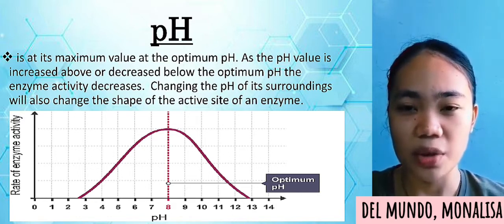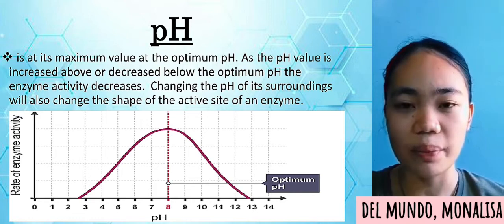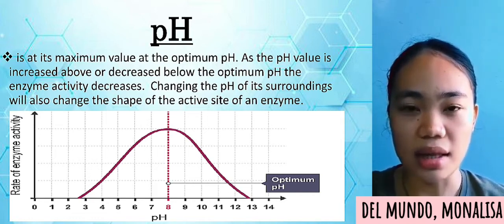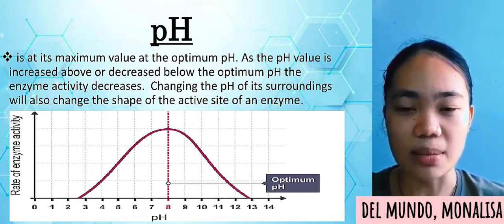Changing the pH will affect the charges of the amino acid molecules. Amino acids that attracted each other may no longer do so. Again, the shape of the enzyme along with its active site will change. Extremes of pH also denature enzymes. The changes are usually, though not always, permanent.